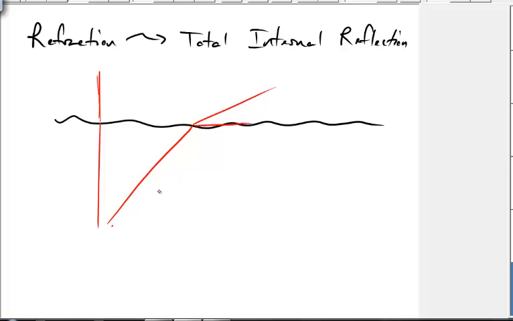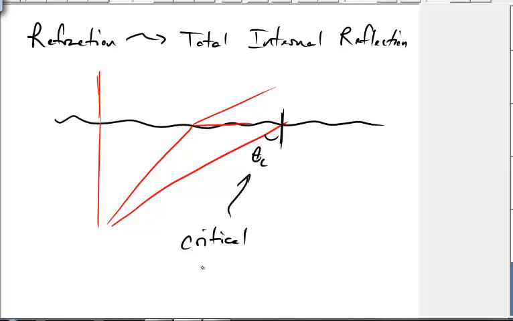If you change that angle and go shallower still, at some point called the critical angle, theta c, the light will travel all of it right across the top. None of it will leave. And anything beyond the critical angle, so you go shallower still, all the light will reflect back.